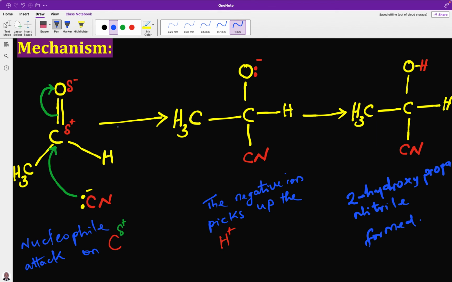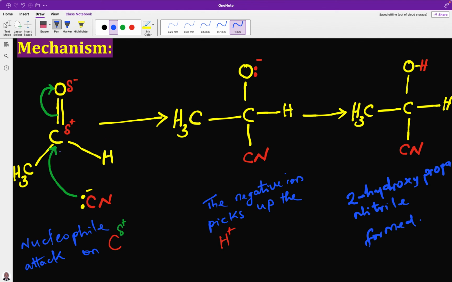Such a compound, which is unsymmetrical and has a trigonal planar shape, when it reacts with the cyanide ion, the cyanide ion has equal chance of attacking it from above and below.